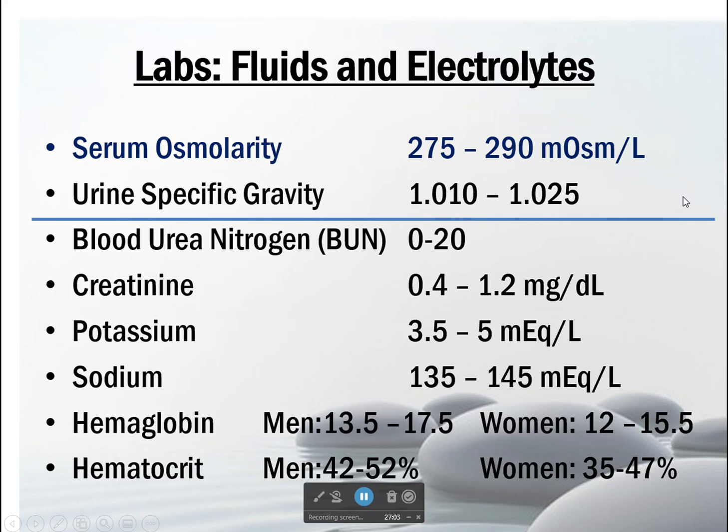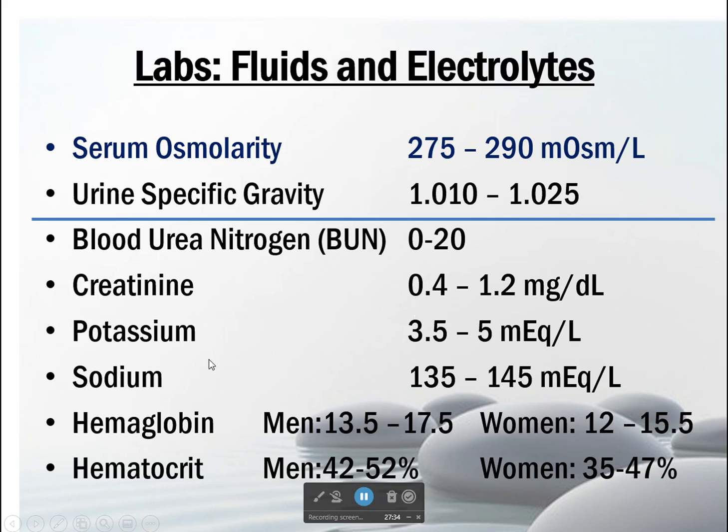These two tests are specific tests for osmolarity in the human body. The other tests are indicators of osmolarity, yet they can be affected by other conditions in the human experience. So while they may be elevated, for example, BUN creatinine could be elevated, your patient may not be dehydrated. Your patient may have kidney failure. That's just a simple example.